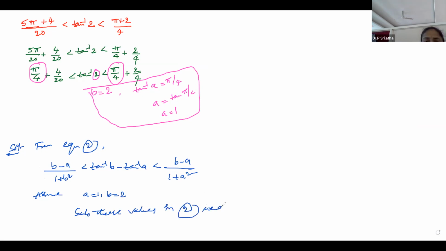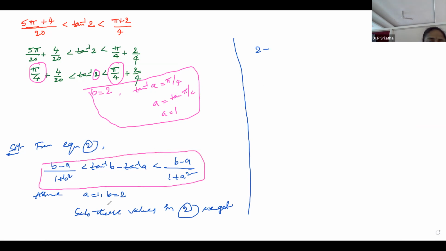We get, so what is B value? 2. 2 minus, here I am substituting the values, that means A value and B value here. So that is 2 minus A value, 1, divided by 1 plus 2 square. B value is 2, no?